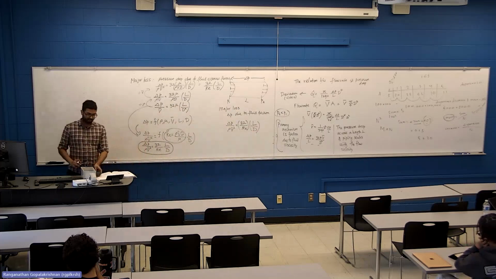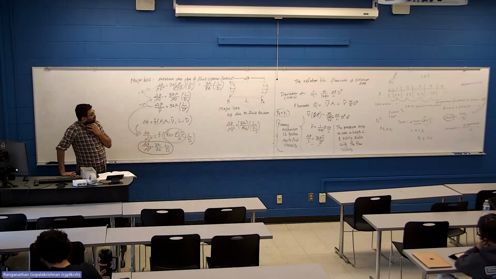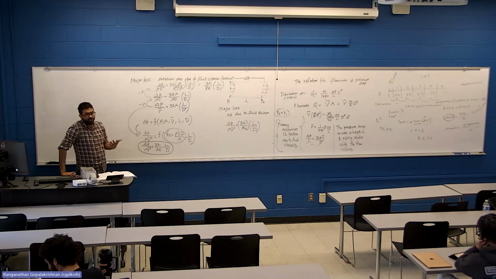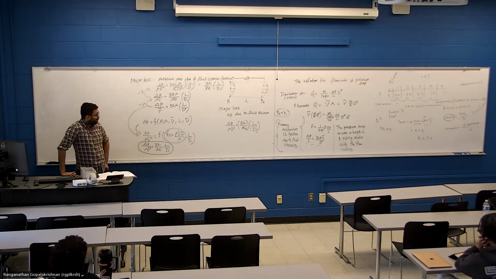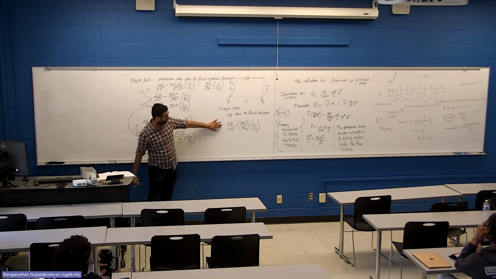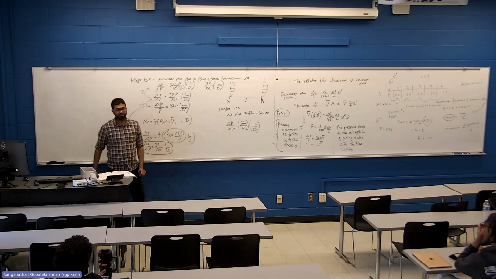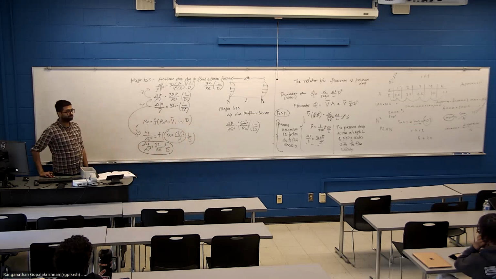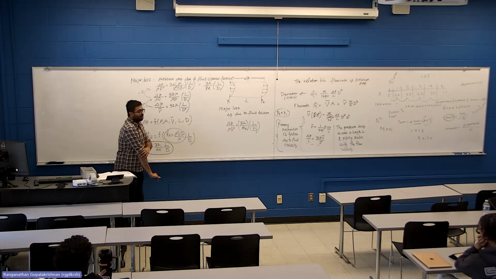So now a question for you: if I ask you to calculate pressure drop across a section of pipe, what do you first need to know about that flow? Based on this equation, what quantities are needed to calculate delta P? You need all of those.